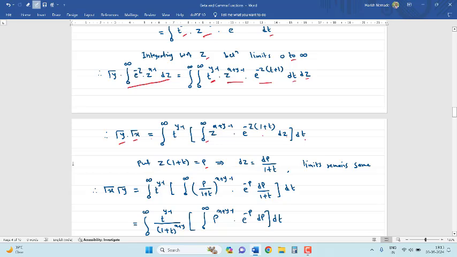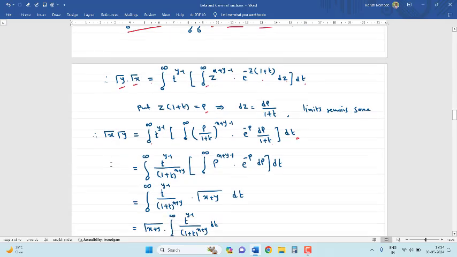Therefore gamma x into gamma y is equal to integration from 0 to infinity t raised to y minus 1 into integration from 0 to infinity, where the value of z is p upon 1 plus t. So this one is p upon 1 plus t raised to x plus y minus 1 into e raised to minus p, and the value of dz is dp upon 1 plus t, and this one is dt for the outside integral.